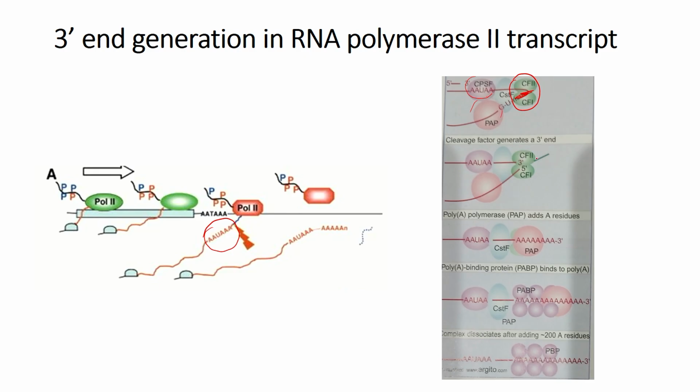When the 3' end is generated by this cut, then with some of the factors, poly A is added, a stretch of approximately 200 A's that are added. So that means at the end of mRNA, there will be poly A, because so many A's are being added.